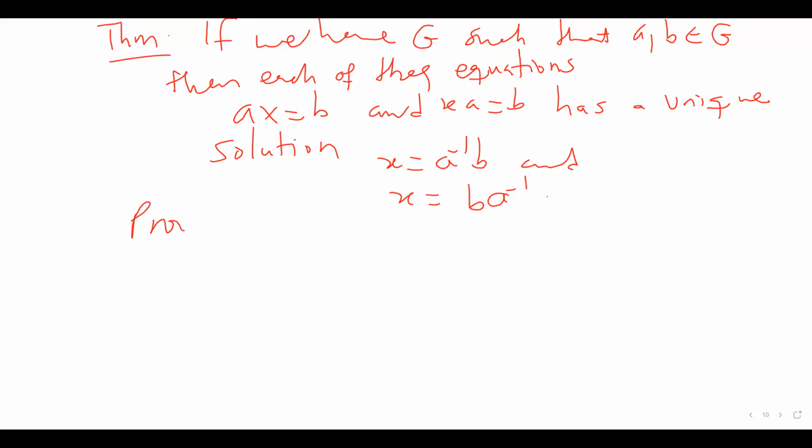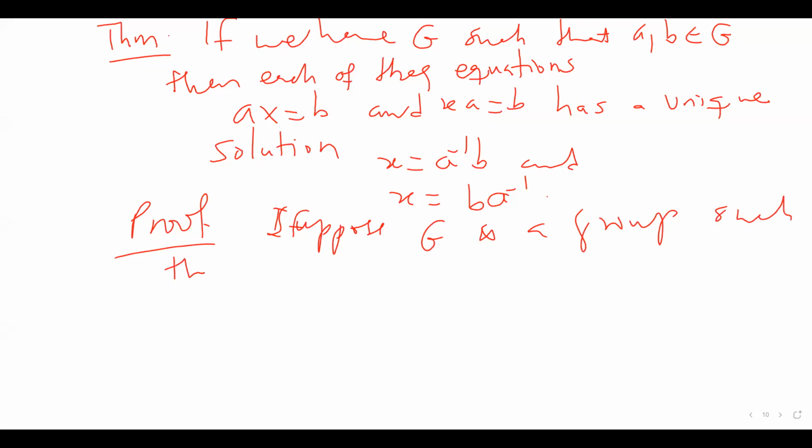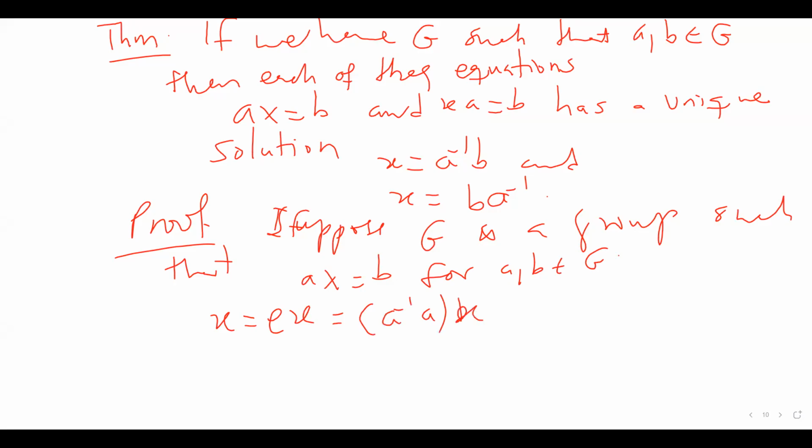So you can prove this very, very easy. Suppose G is a group such that AX is equal to B for A and B in G. Then we can say X is nothing, because it's a group, we can always use an identity element, and then the identity we can always represent by inverse, okay?